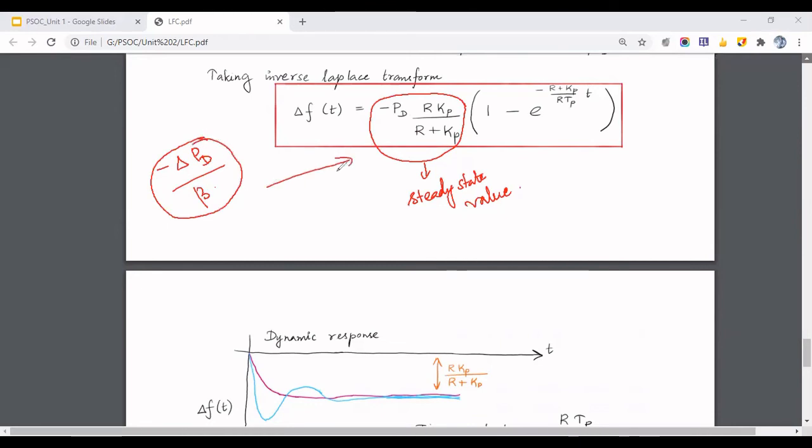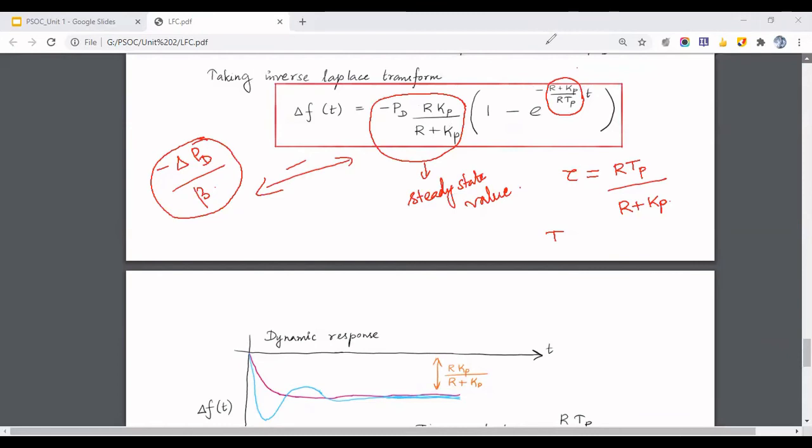That and this value are going to be the same, equal. And the coefficient of t is said to be the inverse of the time constant. So I write time constant tau, or certain books also use capital T to define the time constant. So for this curve, the time constant is equal to RTp divided by R plus Kp.